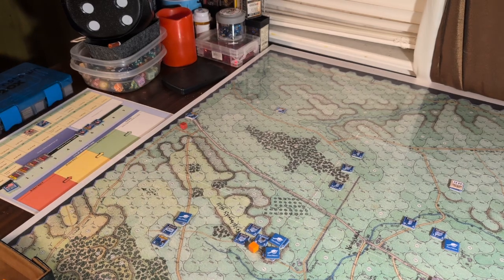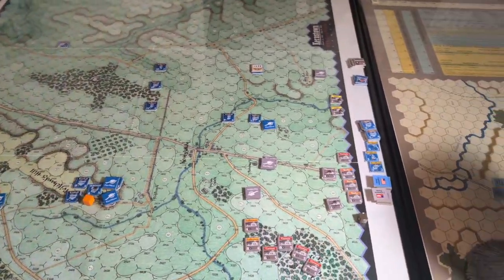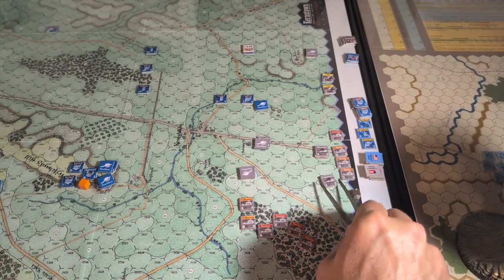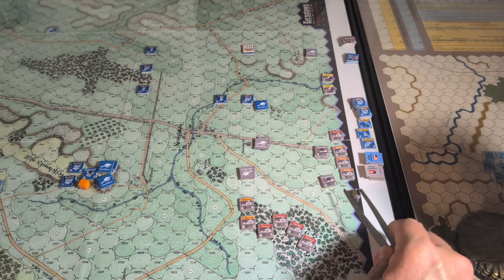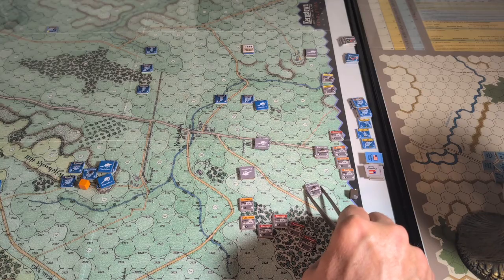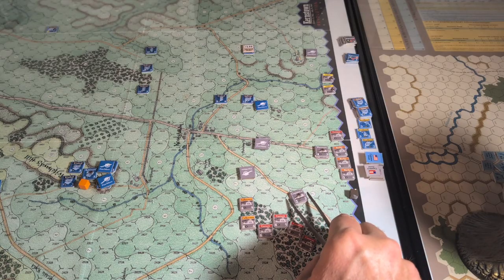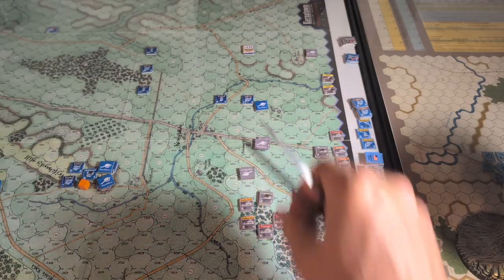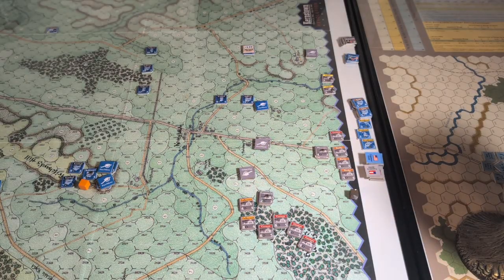Okay. And now Carpenter's artillery A and B are going to move. 1, 2, 3, 4, 5, 6. So they moved there.